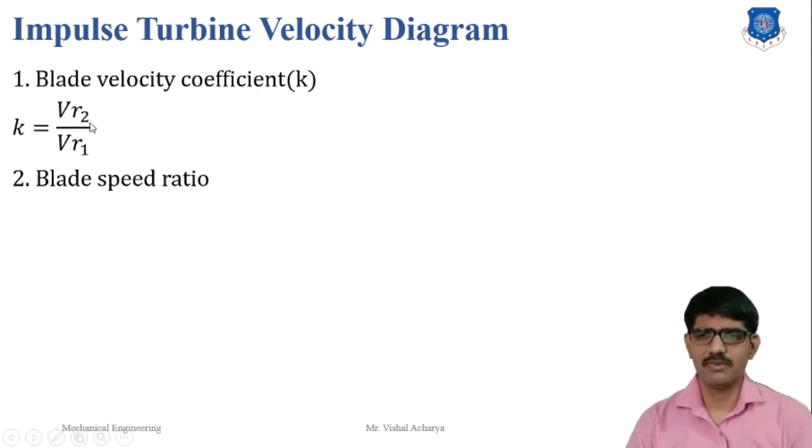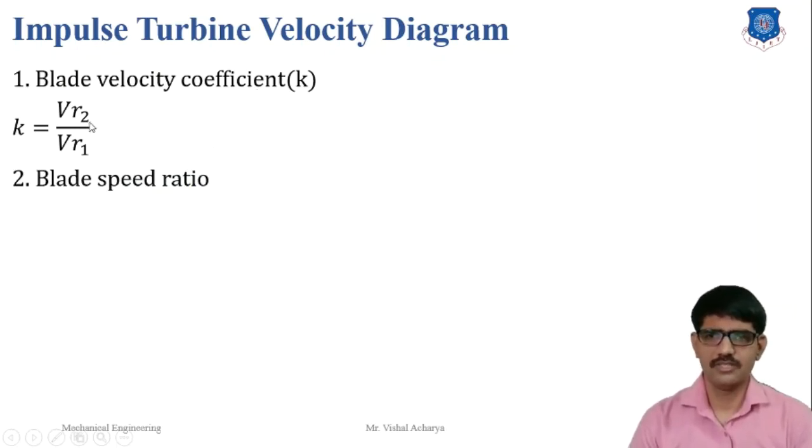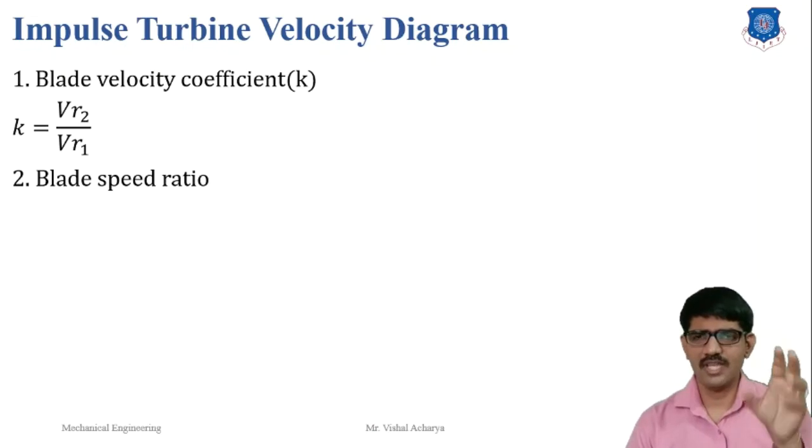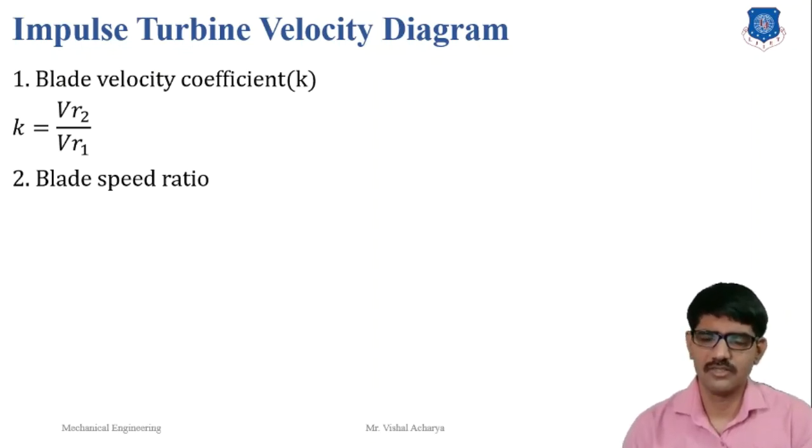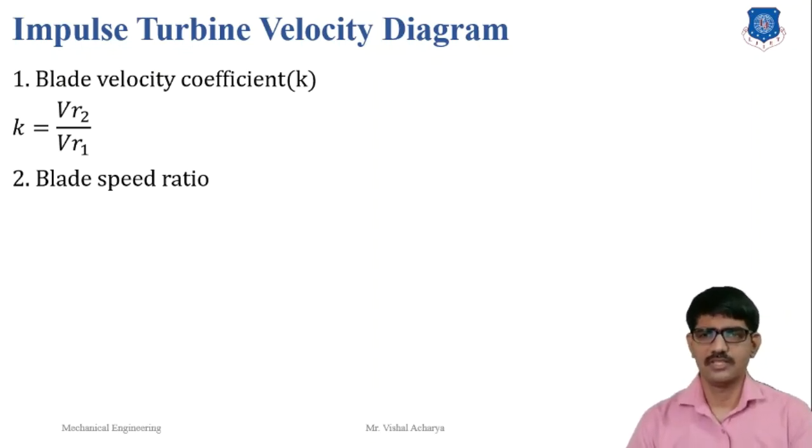If blade friction is zero, K is 1, where Vr2 is equal to Vr1. Generally the value of K lies between 0.9 and 0.95, so the outlet relative velocity is somewhat lower than the inlet relative velocity.